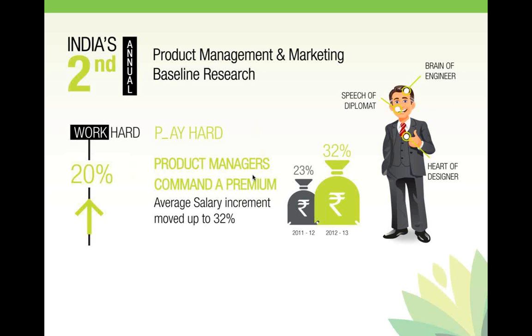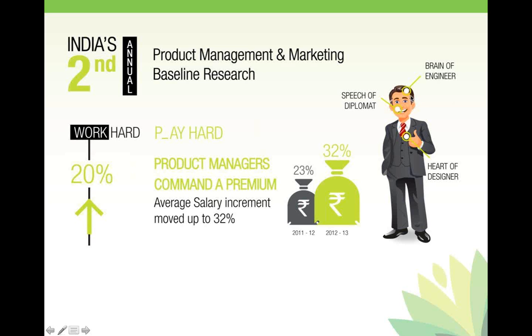Here's some ground research that I might just quickly show you as a snapshot, and a lot of this research was done with about 430 product engineering managers and product managers surveyed in India, specifically in India for the first time. And that annual research is available on the Institute of Product Leadership's website for those of you who care for the more details. But here are very interesting insights on what we found, right?